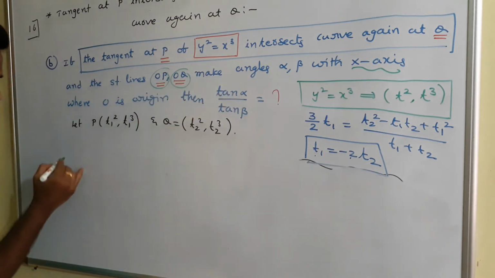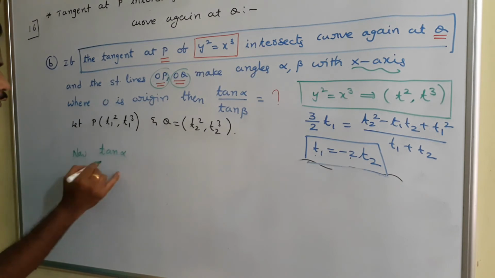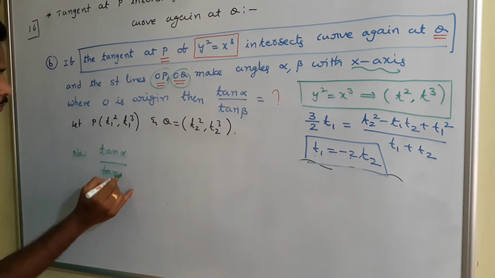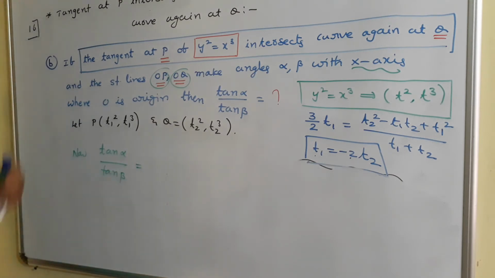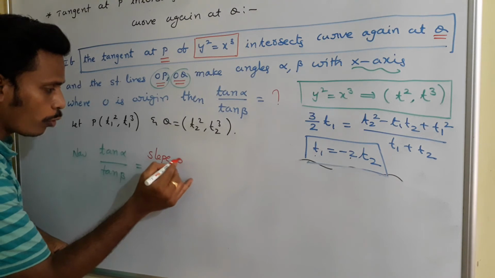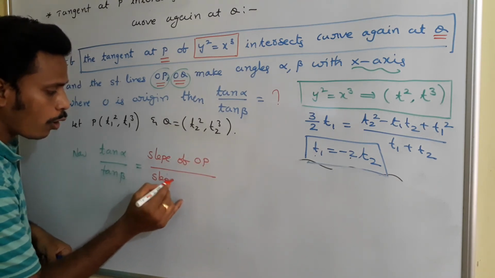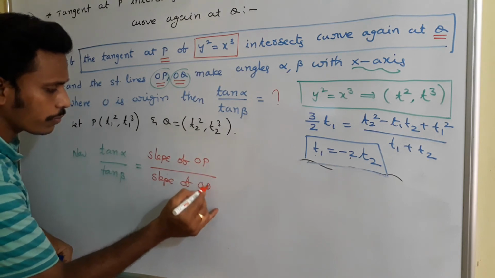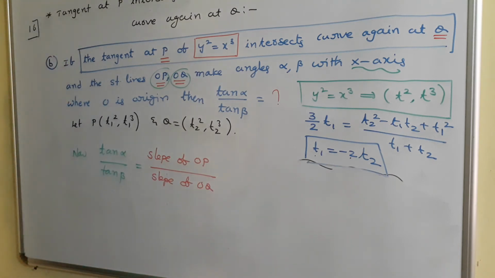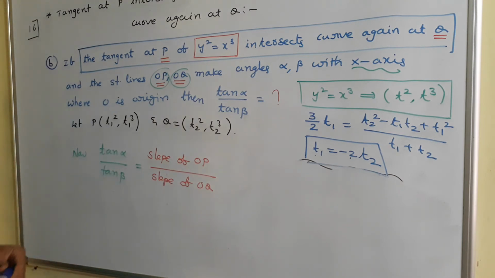So tan alpha by tan beta is nothing but, as per the problem, tan alpha is the slope of the line OP, and tan beta is the slope of OQ. Very simple concept, right? We know that the slope of a line is tan theta if theta is the angle made by the line with the x-axis. So it is slope of OP by slope of OQ.